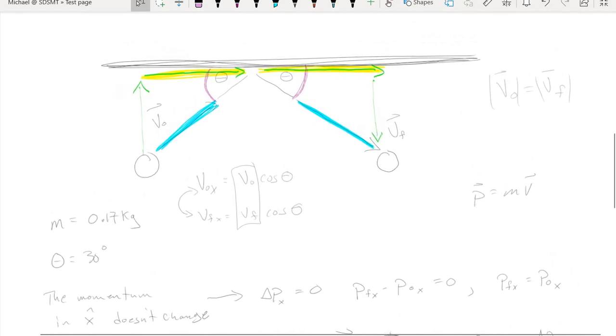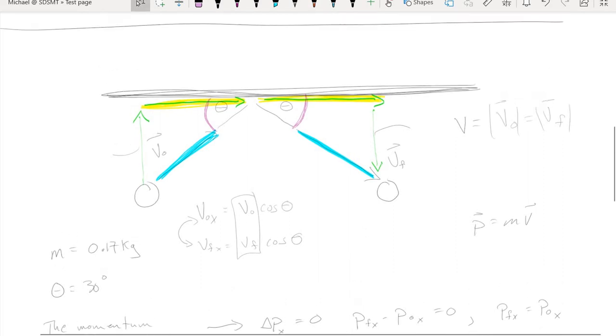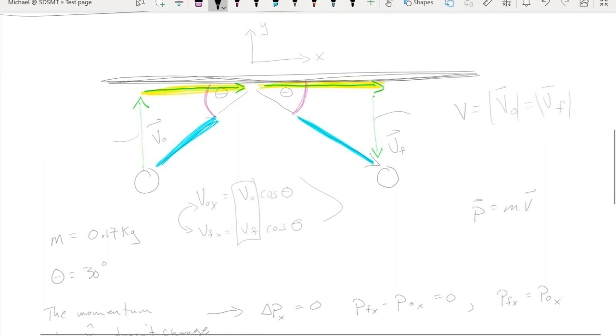If both of these velocities have the same magnitude, then I'm just going to start calling both of them v. The only difference between the two vectors is that we have y components that are pointing in opposite directions. And this might be a very good time for us to specify what the positive directions for this problem should be. I'll let to the right be the positive x direction. That will keep everything about my x components in line with what I have right here.